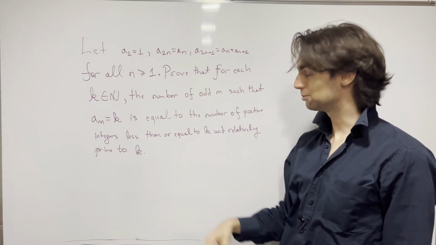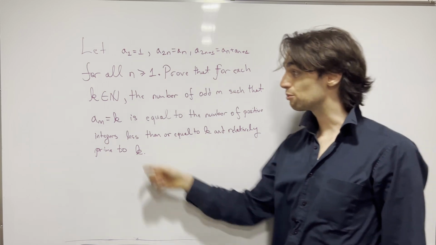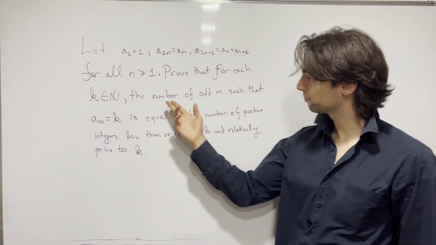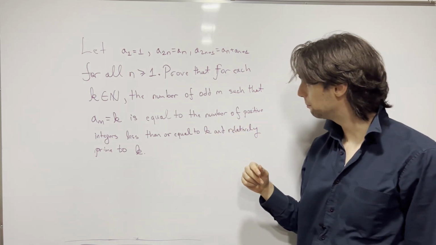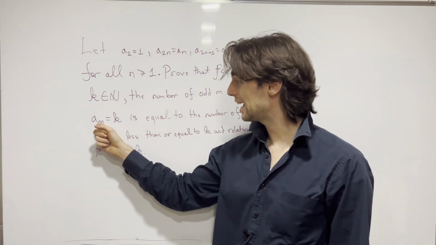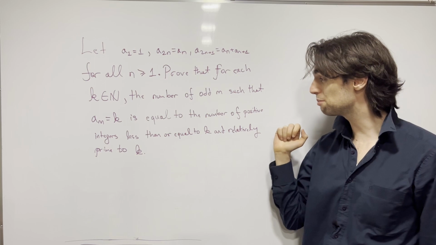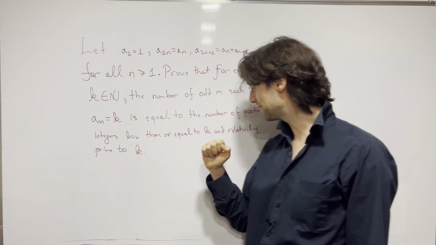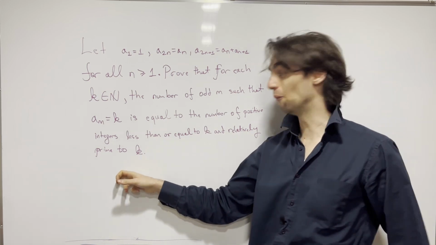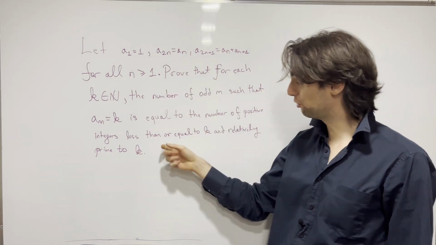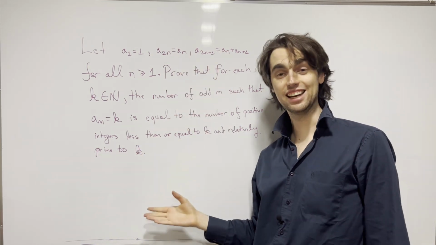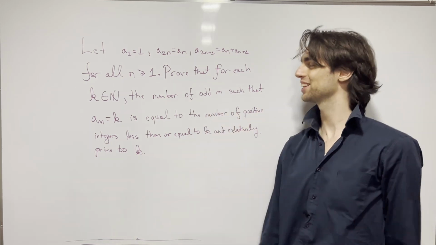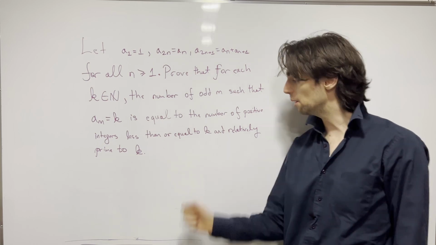And then prove, wow, I'm proving something already, that for every k that's a positive integer, a natural number, the number of odd m such that a_m is equal to k is equal to the number of positive integers less than or equal to k and relatively prime to k. What? How do we get from this to phi of k? Wait, how did it just show up? Boom. That's why I really like this problem.